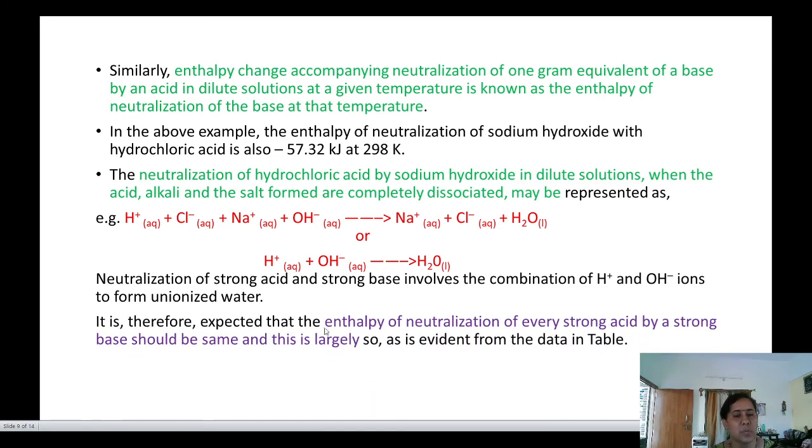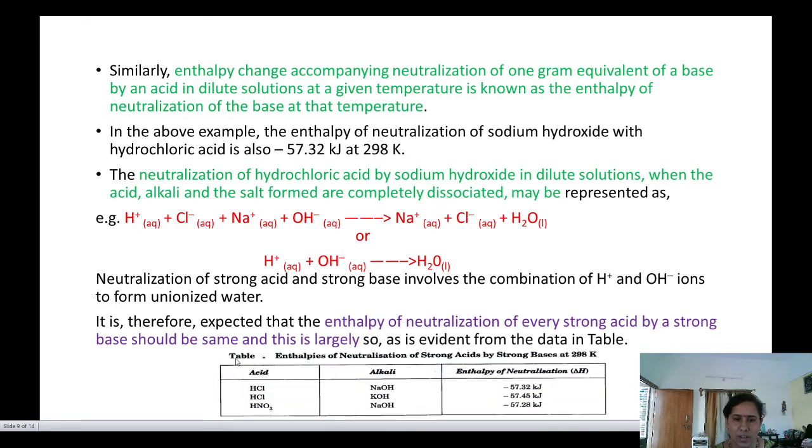Therefore, it is to be expected that the enthalpy of neutralization of every strong acid by every strong base should be the same, and this is largely evident from the following data. Here in this table, we express the acids, alkalis and enthalpy of neutralization. What are their quantities here?